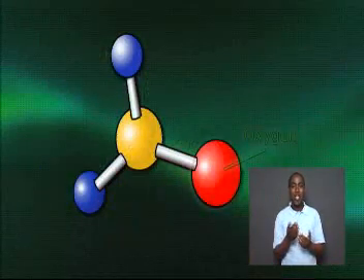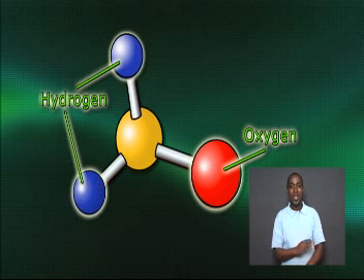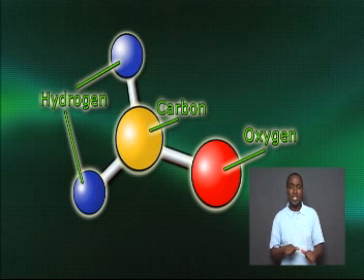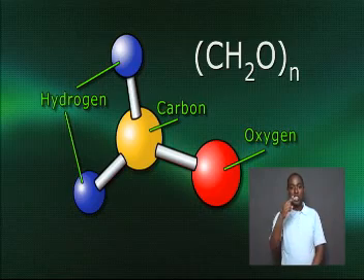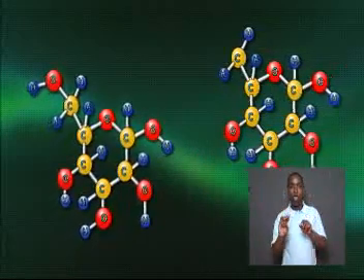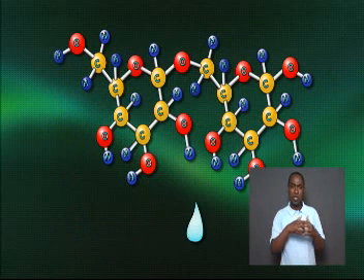Basically, in simple sugars, there is one oxygen atom and two hydrogen atoms for every carbon atom present in the molecule. The formula looks like this. Double sugars are made when two simple sugars join together by a condensation reaction.